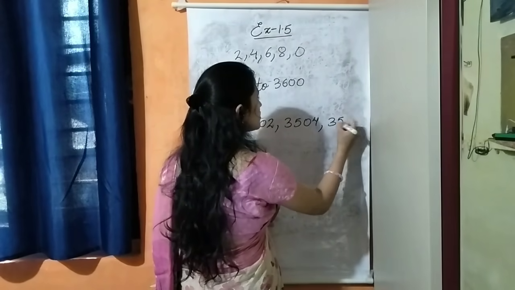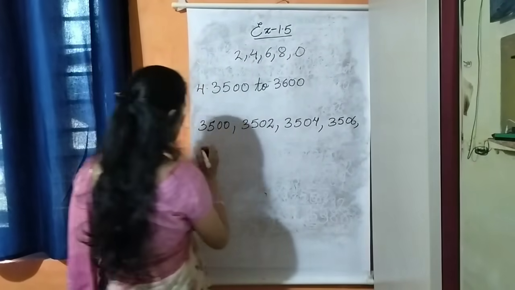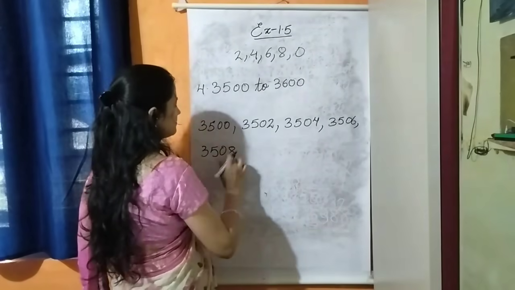Next will be 3506. We got 6 at ones place. Then 3508.